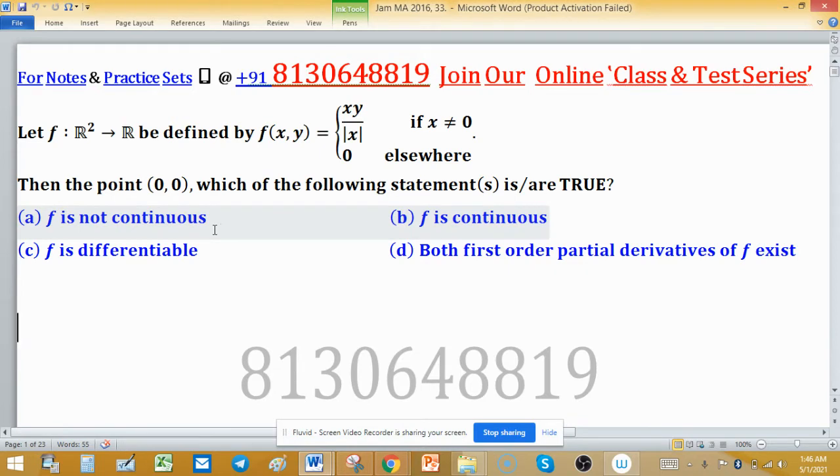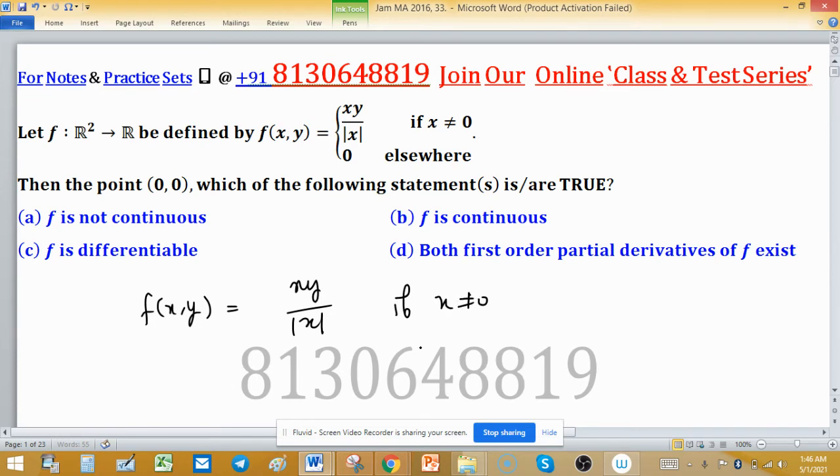Means we have to check continuity and differentiability of this function and partial derivatives of this. So the function is given by f(x, y) equals xy upon mod x if x is not equal to 0, and 0 elsewhere.